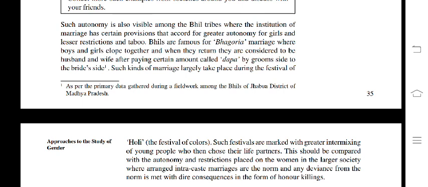As per the primary data gathered during fieldwork among the Bhils of Jhabua district of Madhya Pradesh, here we can see the dapa, a certain amount which is paid by the husband's family to the bride's family.